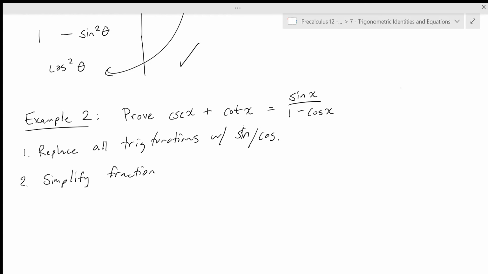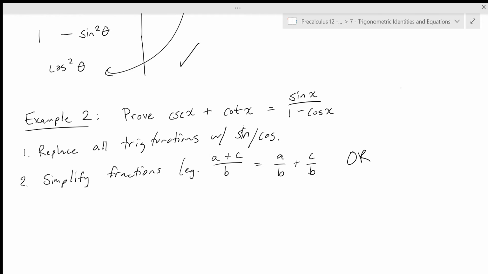Simplifying fractions might mean taking two fractions with different denominators and adding them together, or it could mean taking a denominator and separating it out. Examples of how you might simplify a fraction: if you have a plus b over c, that can be written as a over c plus b over c.